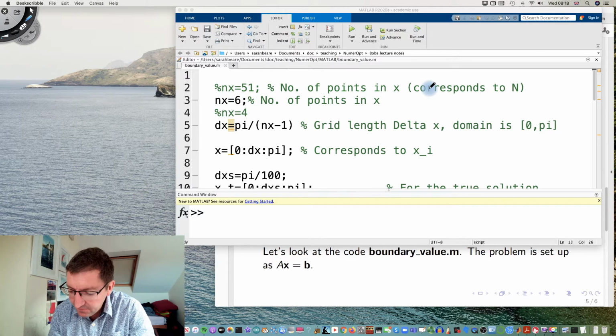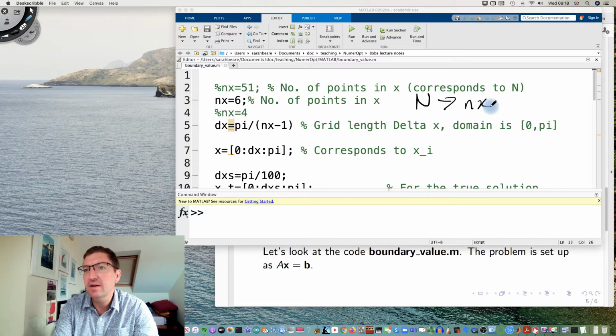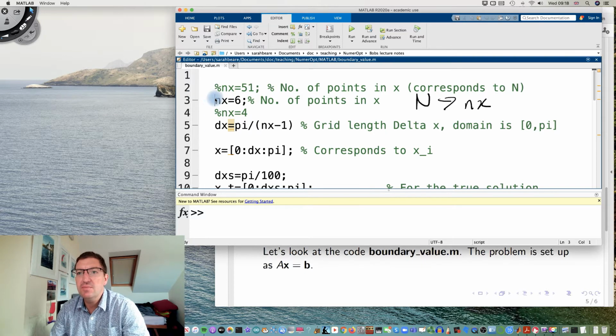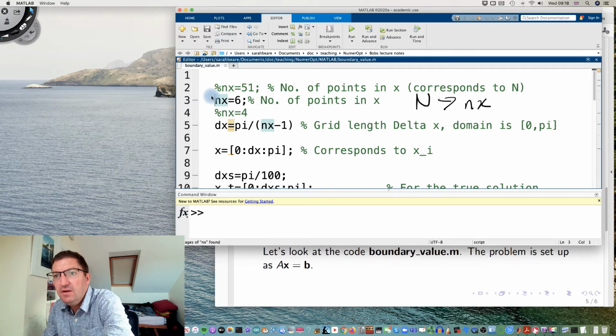So basically big N goes to nx. That's what I've chosen for nx. So that's the number of points in x, and this time it's a very small number. In fact, for the first time of running this, I'm just going to change it back to a large number, and then we'll have a look at doing a small number in a minute.